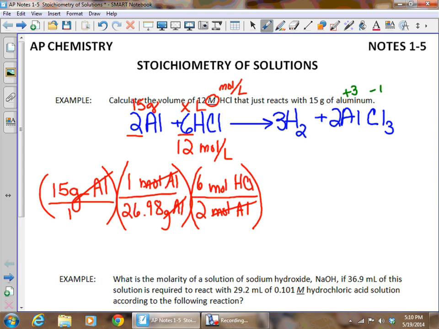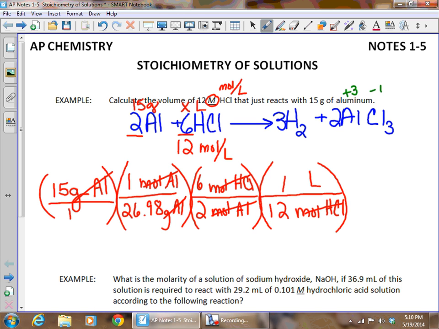Now we want liters, and we know that moles of HCl is going to have to go on bottom to cancel that. And the only other value we're given that we know about hydrochloric acid, HCl, is that it is 12 moles per liter. So if we do that as our conversion factor, the 12 moles on bottom, the understood 1 liter on top, we have our final conversion factor.